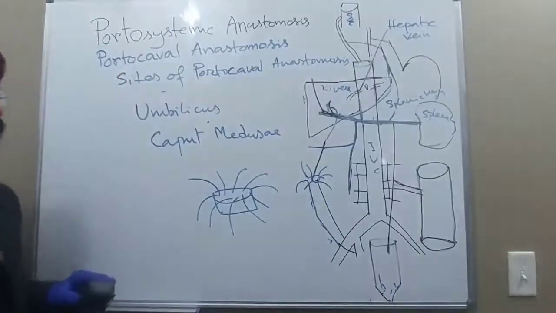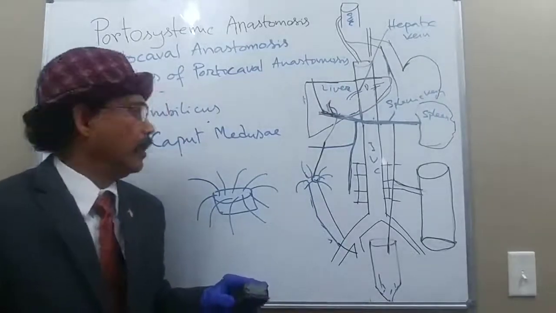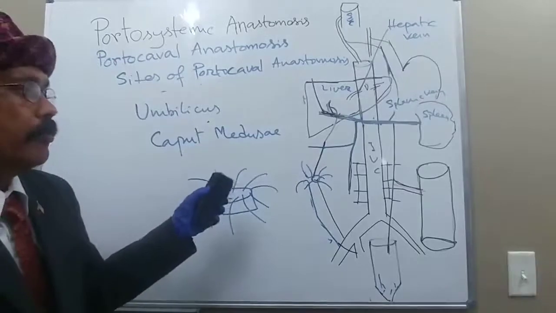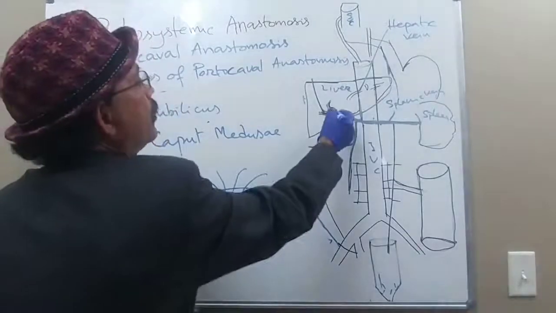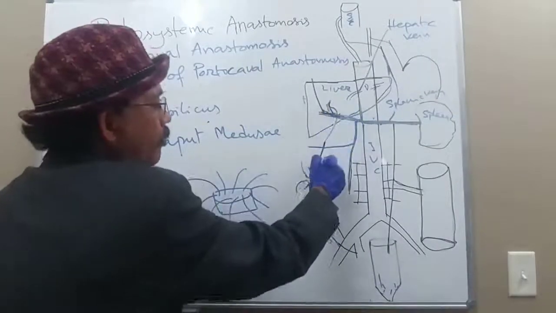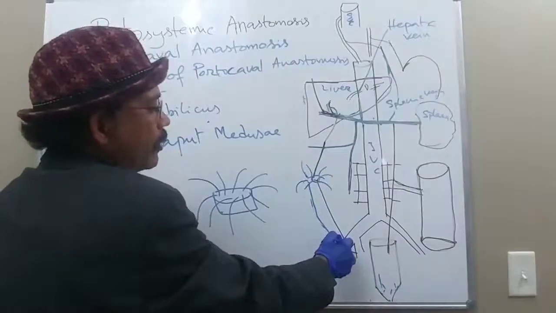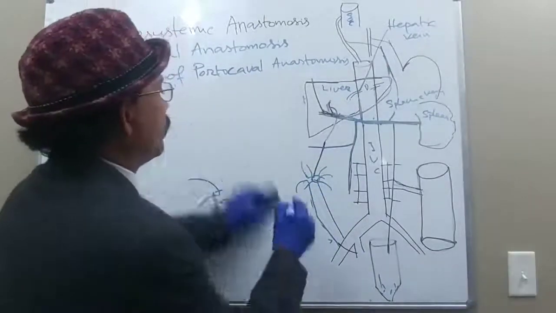It happens around the umbilicus under the skin, due to portal hypertension. Blood is returning back because there is high pressure here, through the systemic veins to the caval system. We got the number 2 spot.